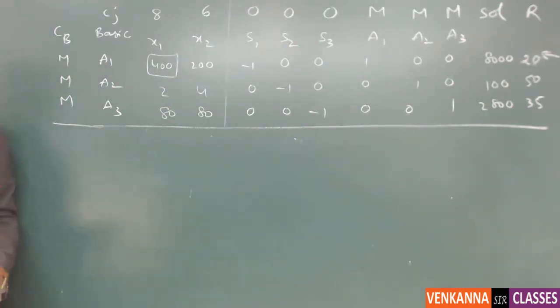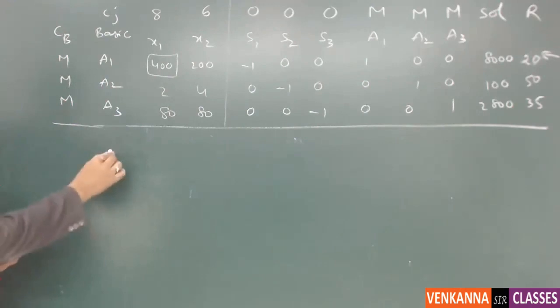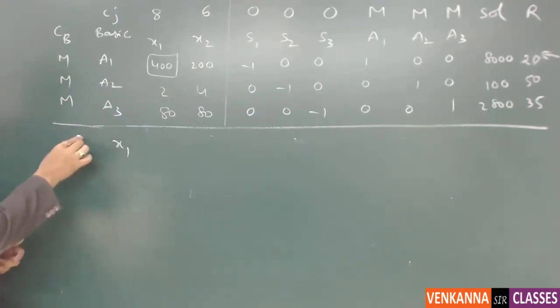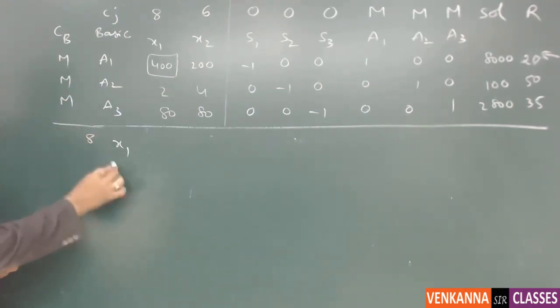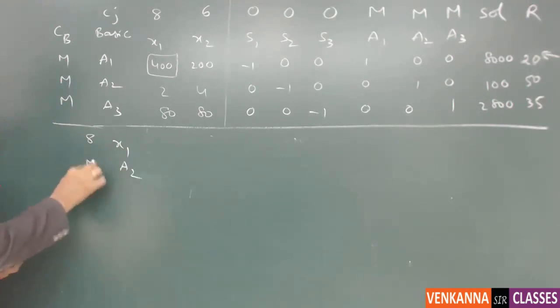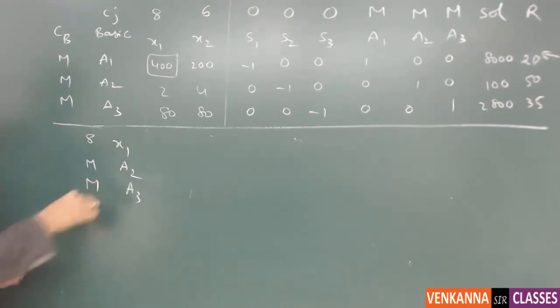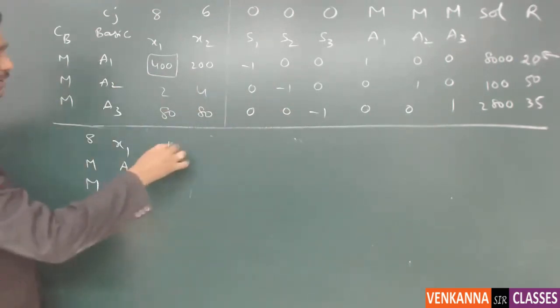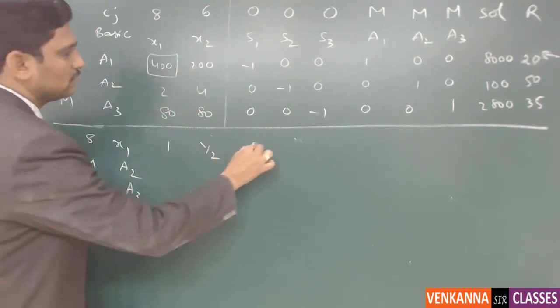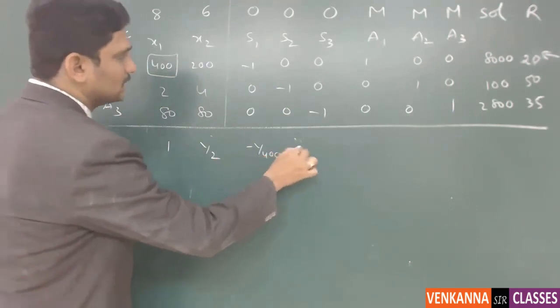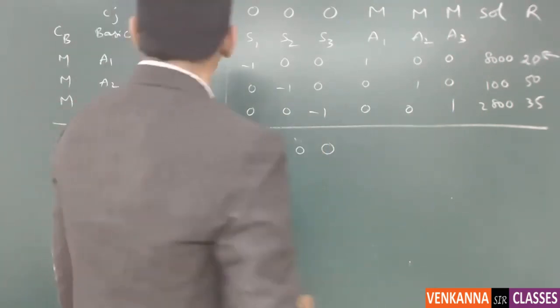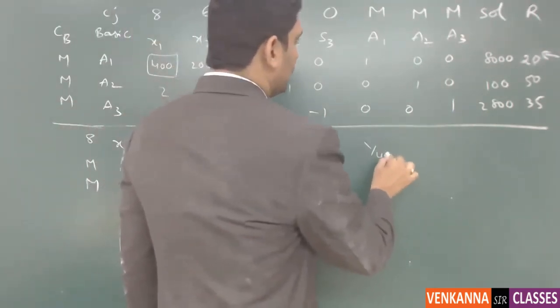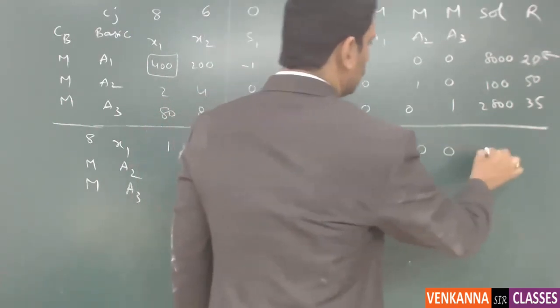So you are going to take X1 with 8, A2 with M, A3 with M, and this whole thing is divided with 400. So this will be 1 by 2, minus 1 by 400, 0, 0, 1 by 400, 0, 0 and 20.